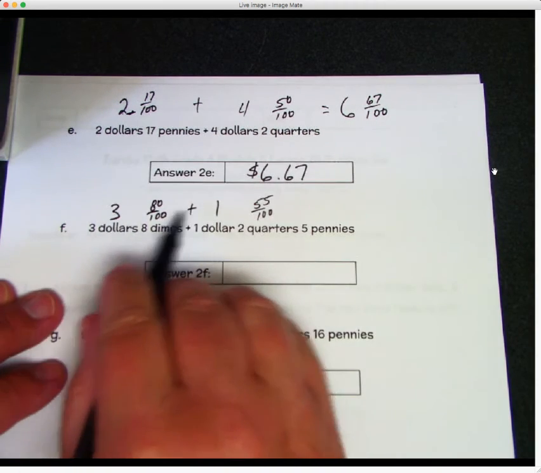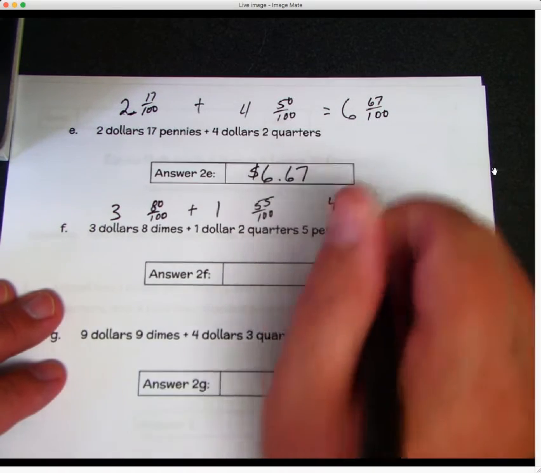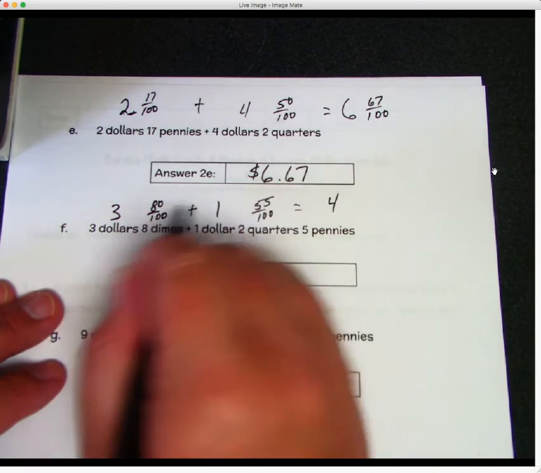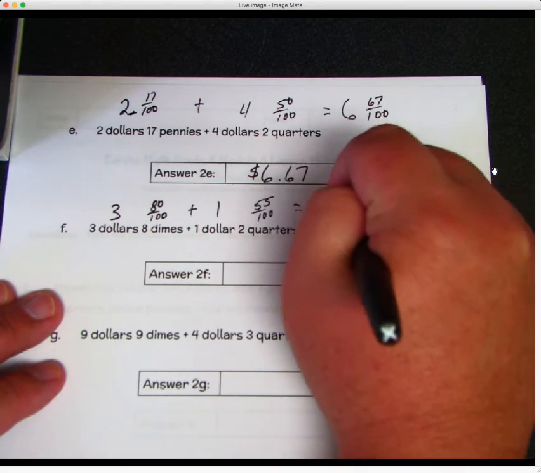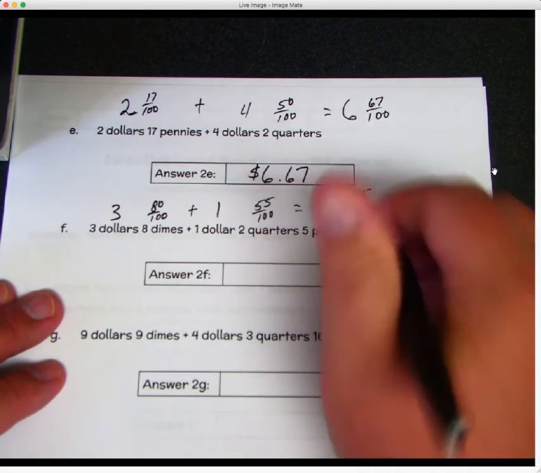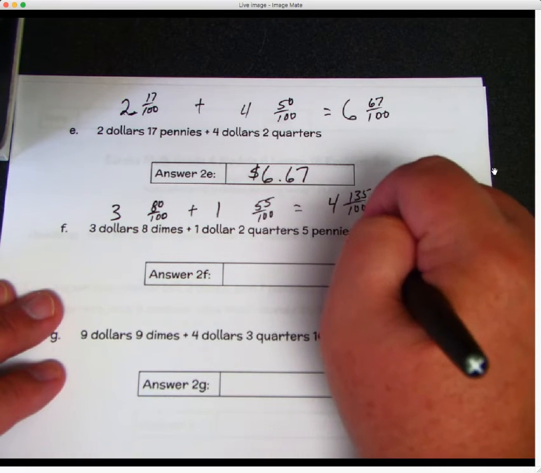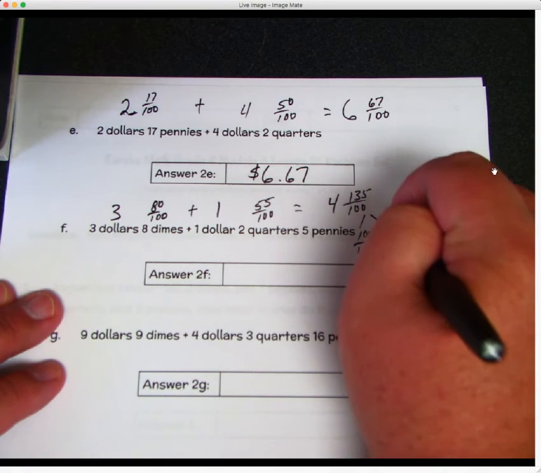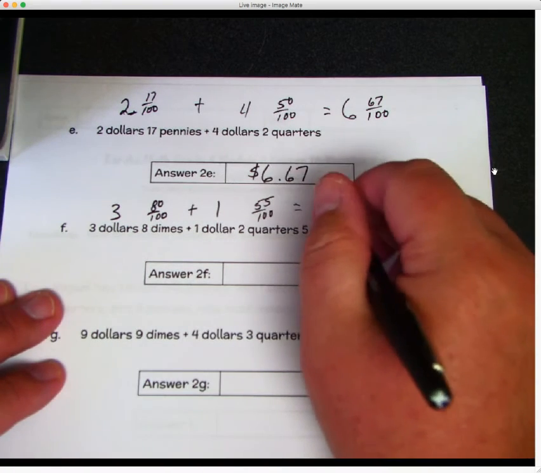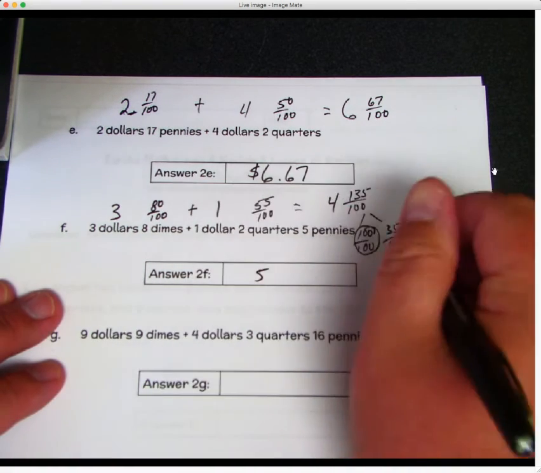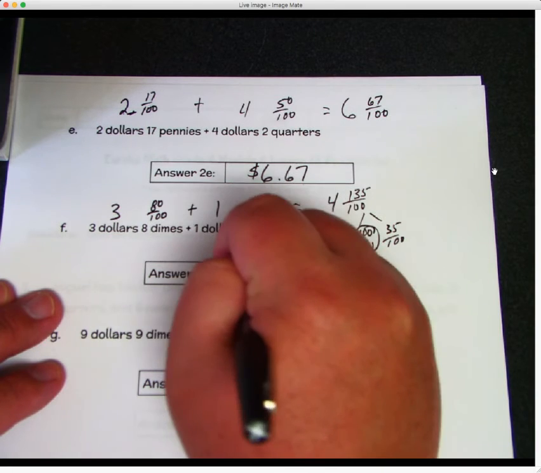Add our whole numbers first. 3 plus 1 is 4. Add our fractions. 80 hundredths plus 55 hundredths is 135 hundredths. Decompose 100 hundredths, 35 hundredths. It's one more. 4 and one more is 5 and 35 hundredths.